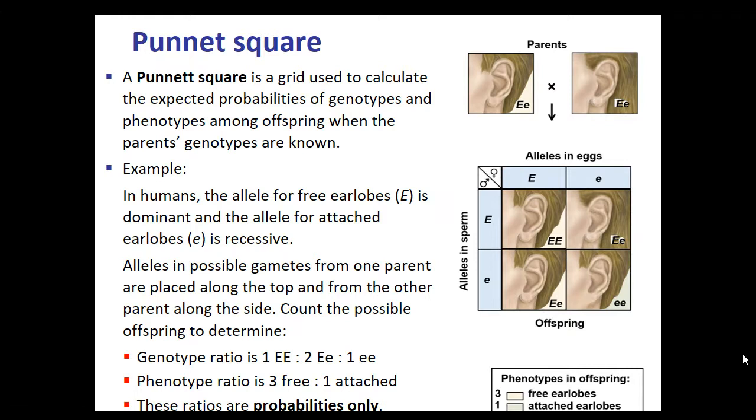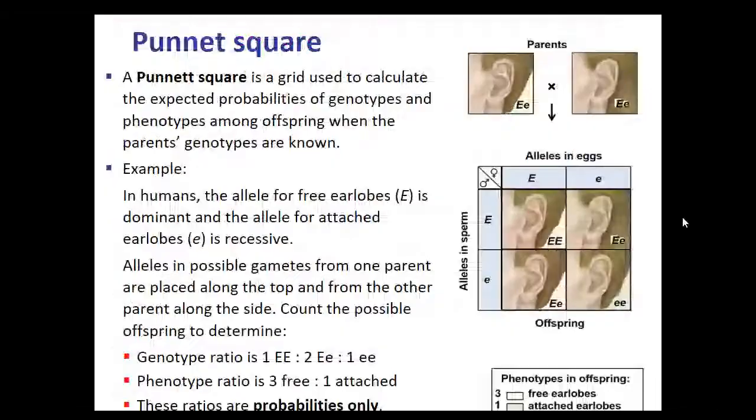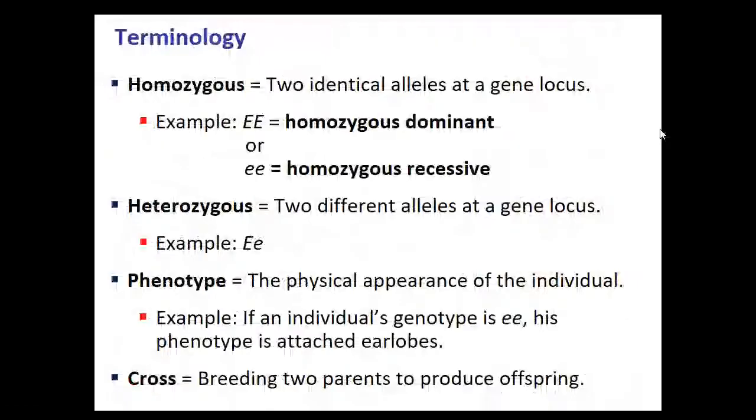Just like if you have a big B and little b for eye color, you'll have whichever is dominant. It's just the brown eye allele.